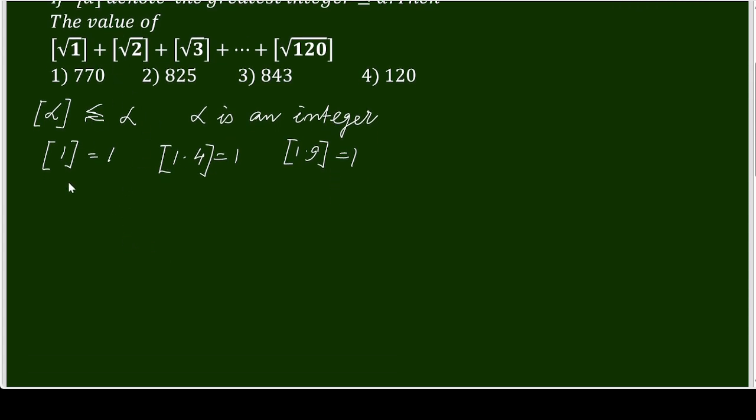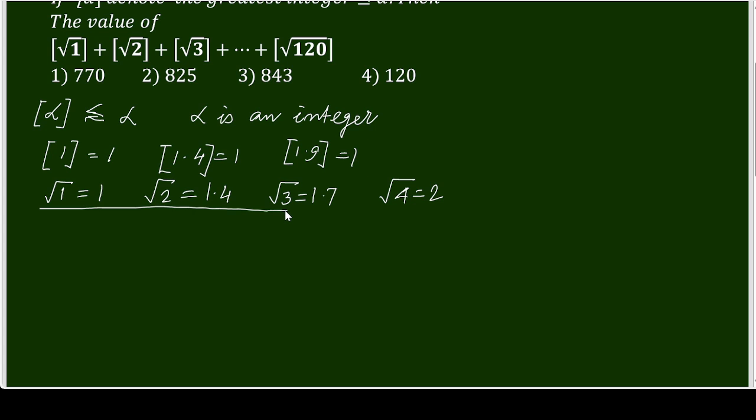So if we take square root of 1 equals 1, square root of 2 equals 1.414, square root of 3 equals approximately 1.7, and square root of 4 is 2. So for square root 1, square root 2, square root 3, the greatest integer part is 1, 1, 1.